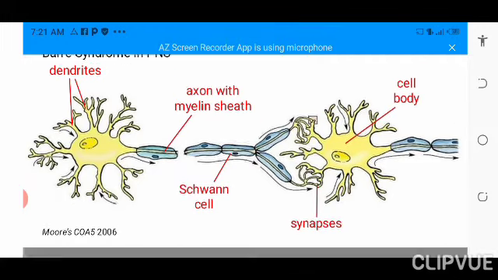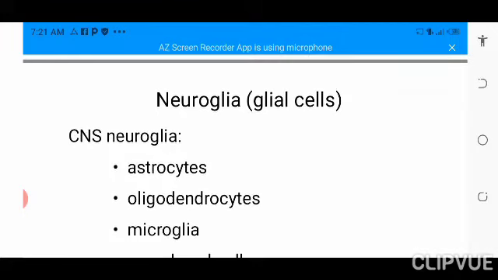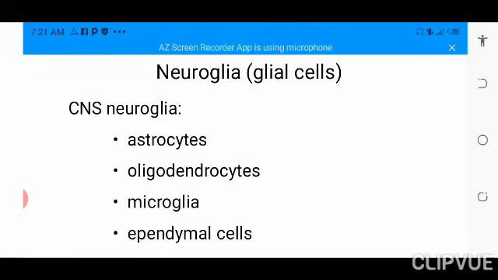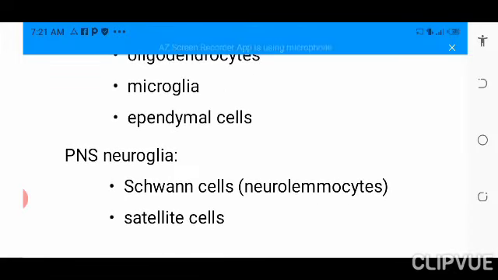And I remember talking about the cells that are called neuroglia. I told you that neuroglia are support cells of the neurons. What they do is help the neurons to carry out their specific functions. I emphasized that the neuroglia of the central nervous system are different from the neuroglia of the peripheral nervous system.